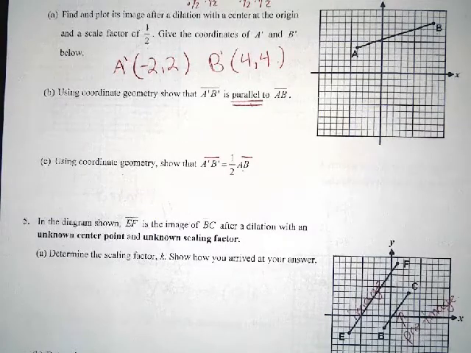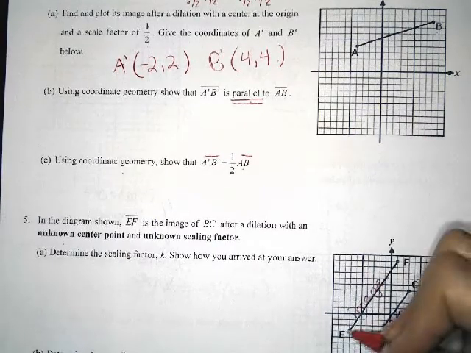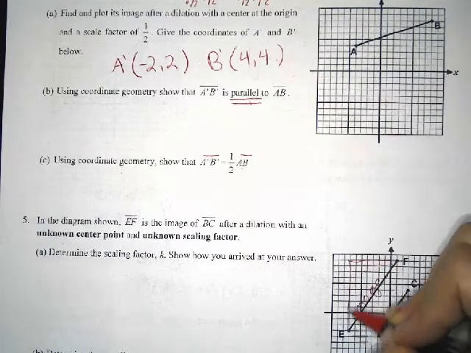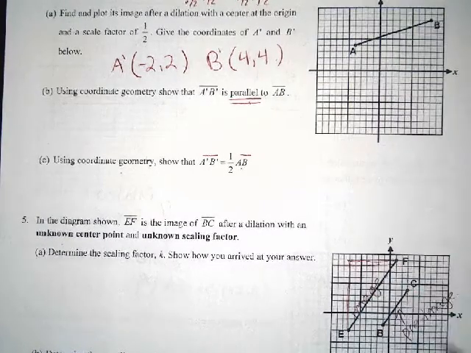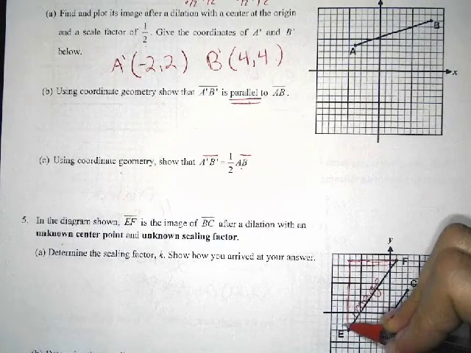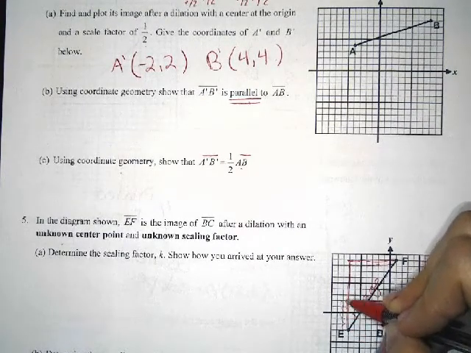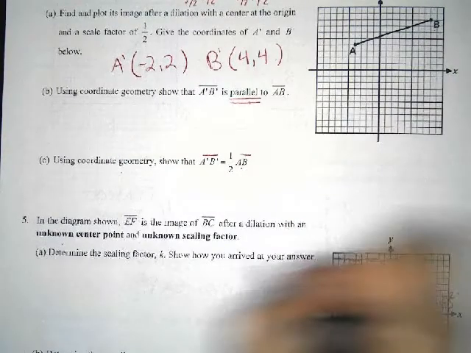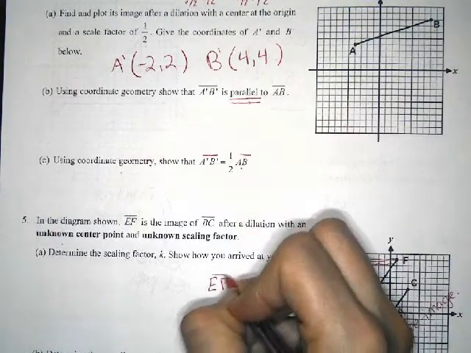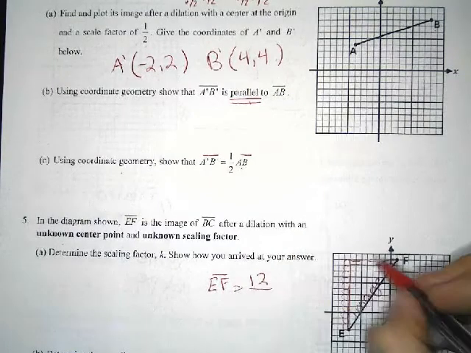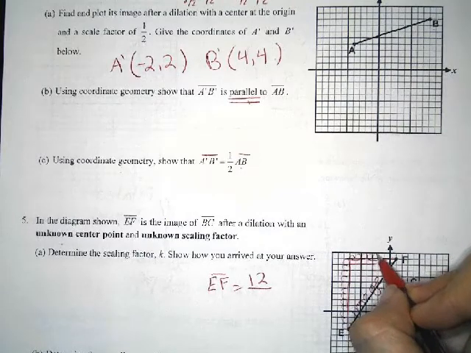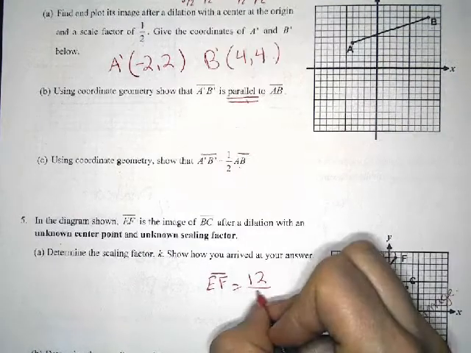I'm going to take a look at the slope of these lines. The rise and the run may help me determine the scale factor. EF has a rise of 12 and a run of 8.